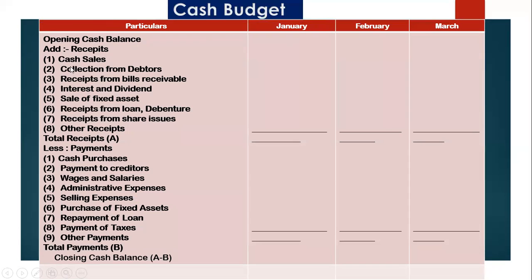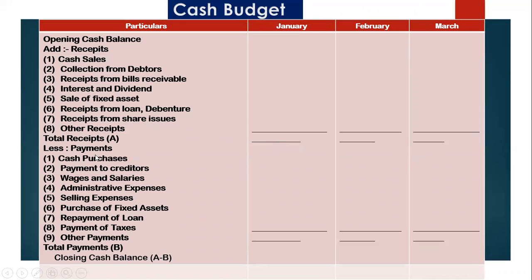That can be cash sales, collection from debtors, receipts from bills receivable, interest and dividend, sale of fixed assets, receipts from loans and debentures, receipts from share issues, other receipts. These many receipts can be added to the opening cash balance. Then we will find the total receipts, which we will call A. So A will indicate total receipts.